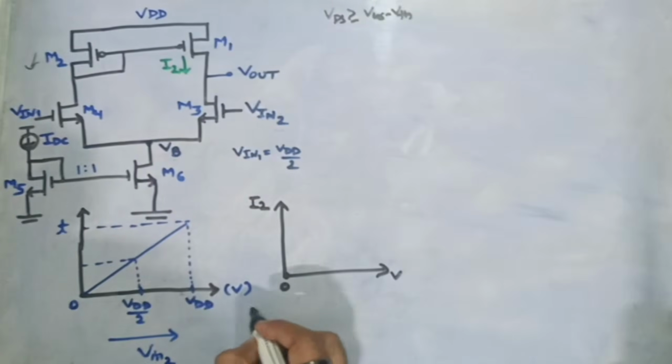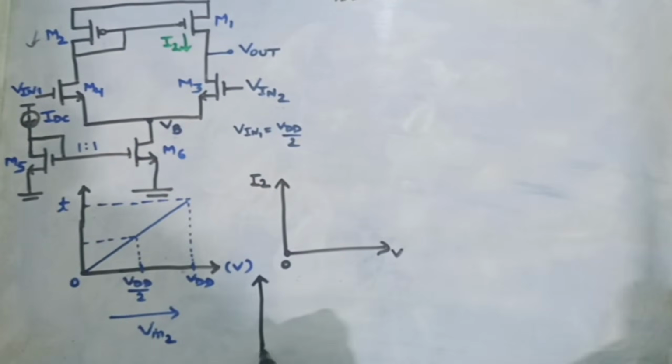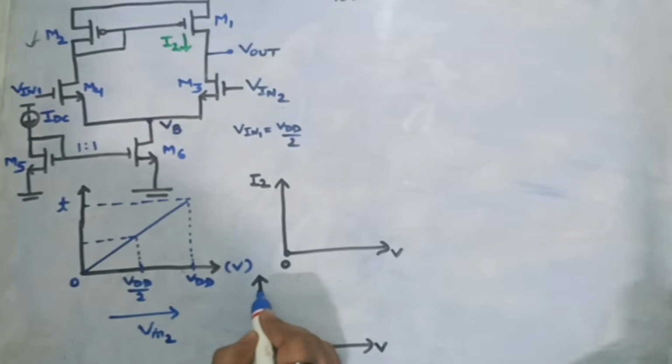So let's try to draw that waveform also. We will combine Vout and VB waveform in one waveform. So if voltage Vin2 is sitting at 0, at that time, if I have to plot Vout, that will be sitting at VDD value. So this is my Vout, and it is equal to VDD right now, here.